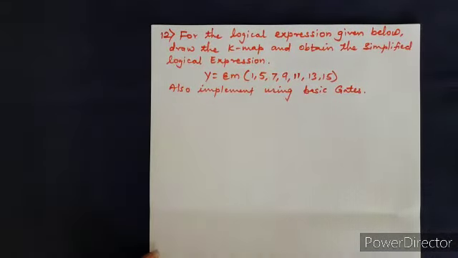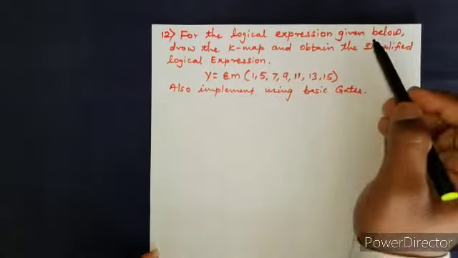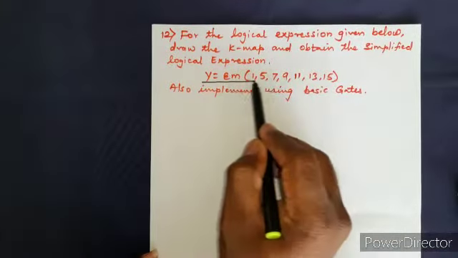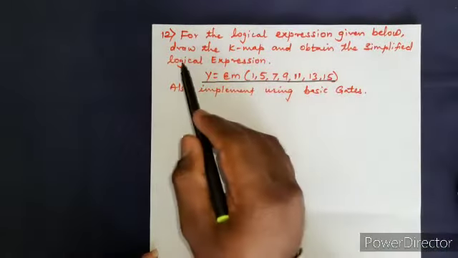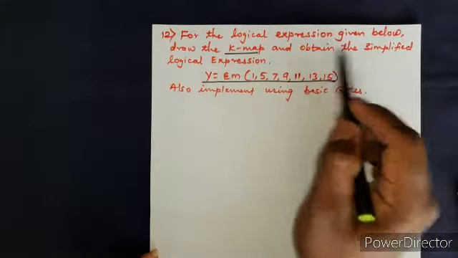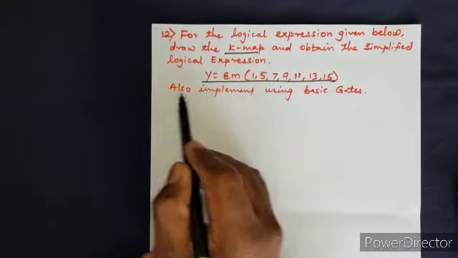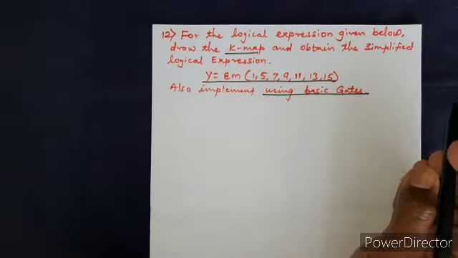Let's have another example here. The question is, for the logical expression given below, draw the K-map and obtain the simplified logical expression. Okay, so they have asked to draw the K-map and logical expression. Also implement using basic gates, right?